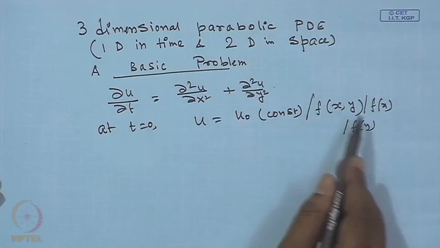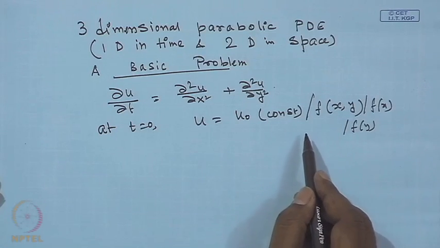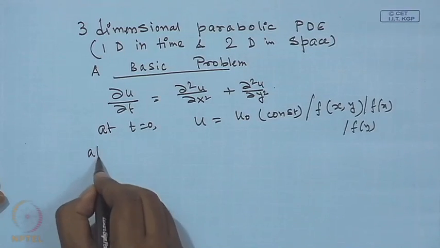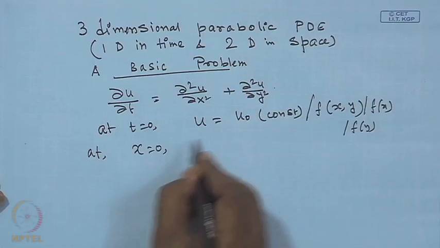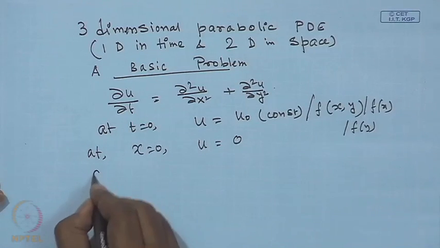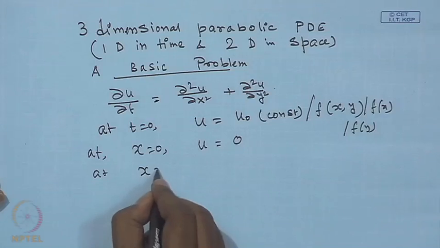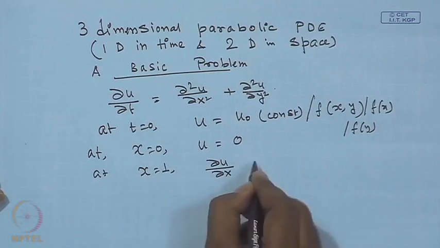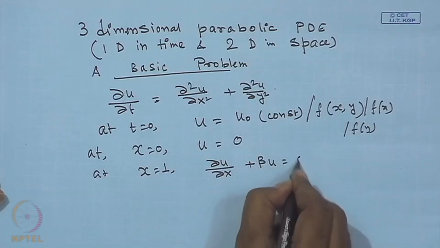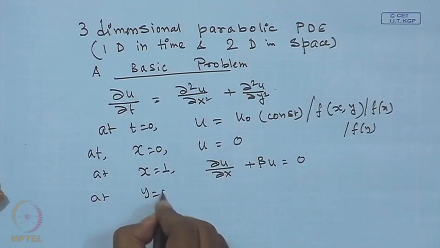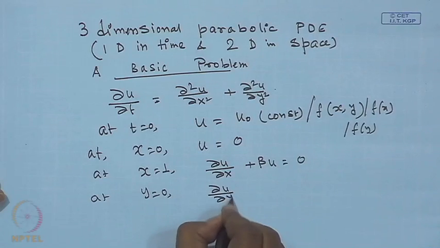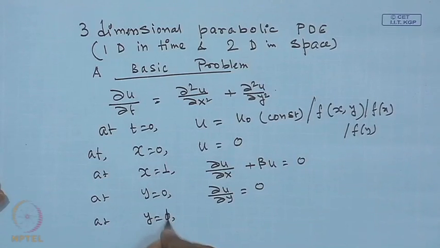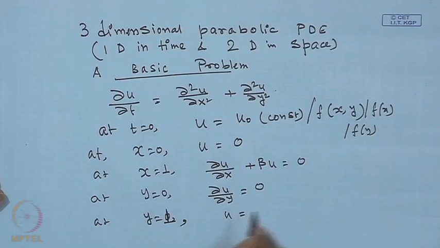All of these four combinations can be specified as the initial condition. The boundary conditions are, let us say, at x is equal to 0, u is equal to 0; at x is equal to 1, we have del u del x plus beta u is equal to 0; at y is equal to 0, we have del u del y is equal to 0; and at y is equal to 1, we have u is equal to 0.